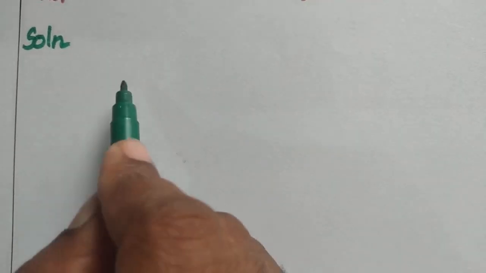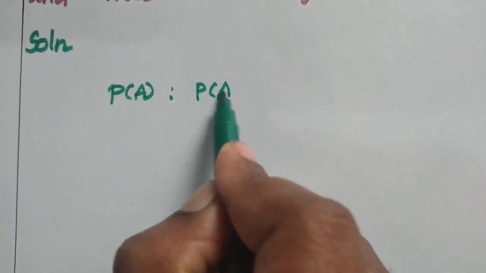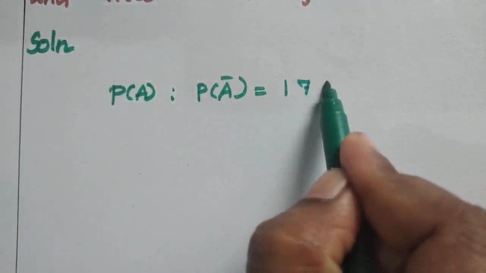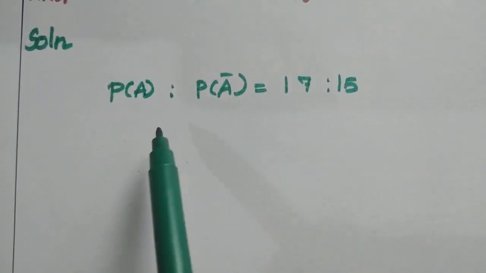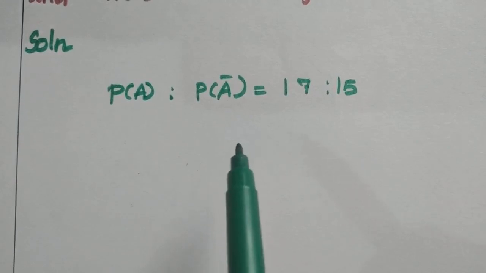It's given in the question that P of A is to P of A dash is equal to 17 is to 15. So from this, how will you find the value of P of A and P of A dash?